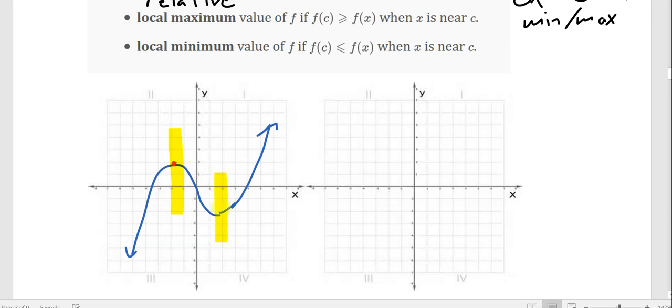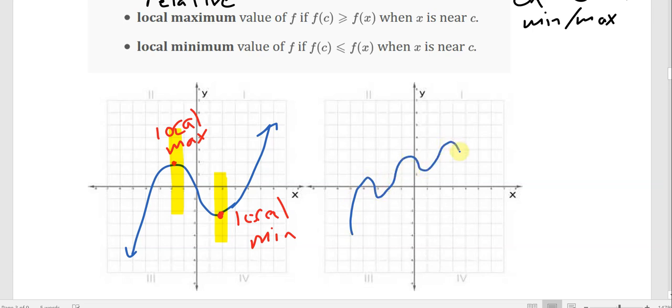Like we have a local minimum right over here because in this little area around it, that's the lowest point on the graph. This is a local maximum. Okay. So notice on this graph, there is no absolute maximum or absolute minimum, but there are local maxes and local mins. And that will be true for any number of hills and valleys, right?